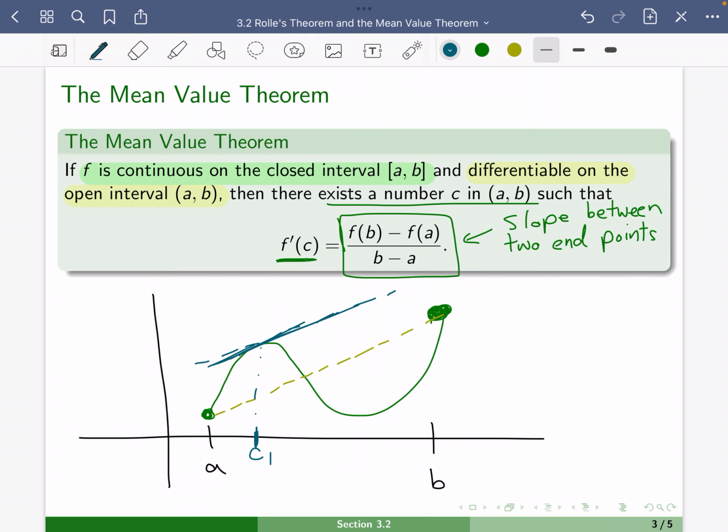It looks like there's another spot, maybe right here. Now, we're not guaranteed there's more than one. We just know that there's at least one spot where the derivative at that point is the slope between the two endpoints. All right, so that is the mean value theorem and Rolle's theorem.